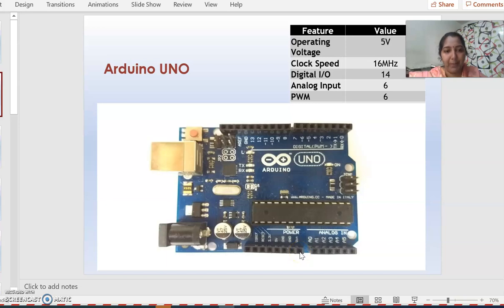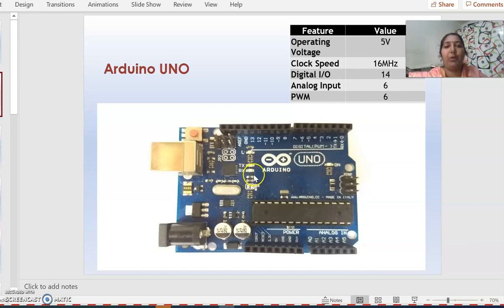Similarly, the next important points are, coming to this particular LED, this LED is useful to indicate whether this Arduino board is connected to the power supply or not. Once this Arduino board is connected to the power, this LED will automatically be in the on state.